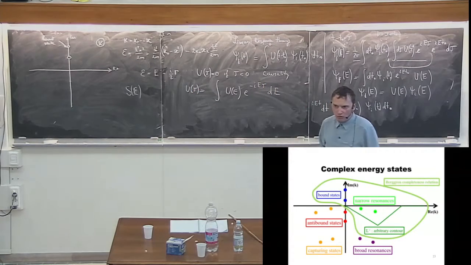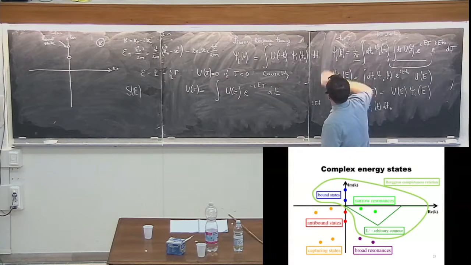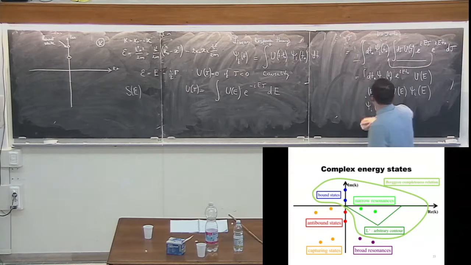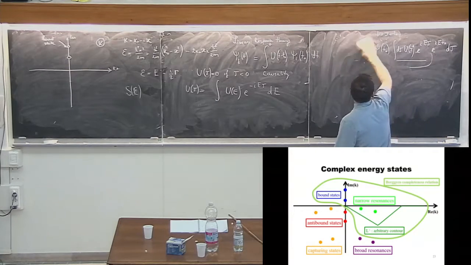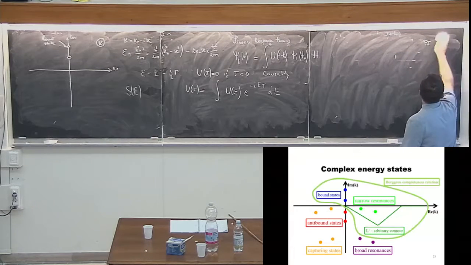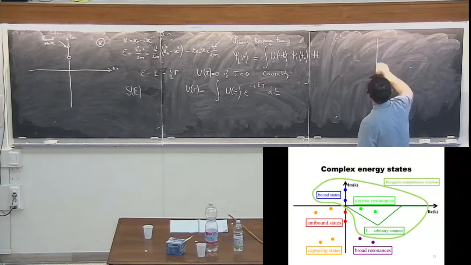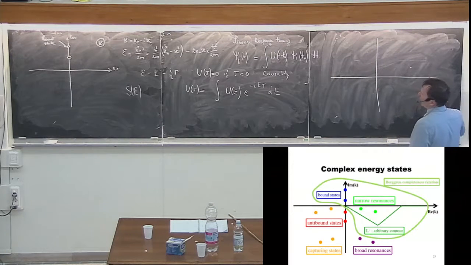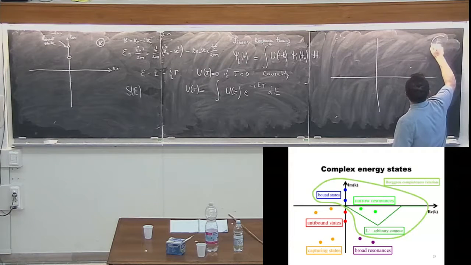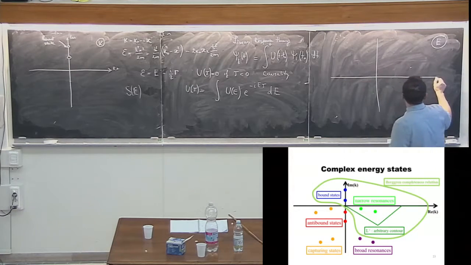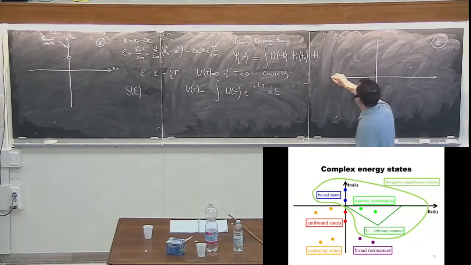It gives me 0. So now if I have this integral in the complex plane, so if this is my complex plane, I need to take this integral along the real axis. So this is my energy plane. I need to take this integral, an integration from minus infinity along here.